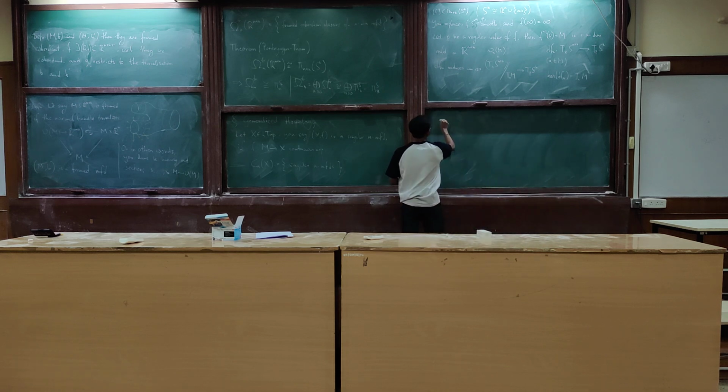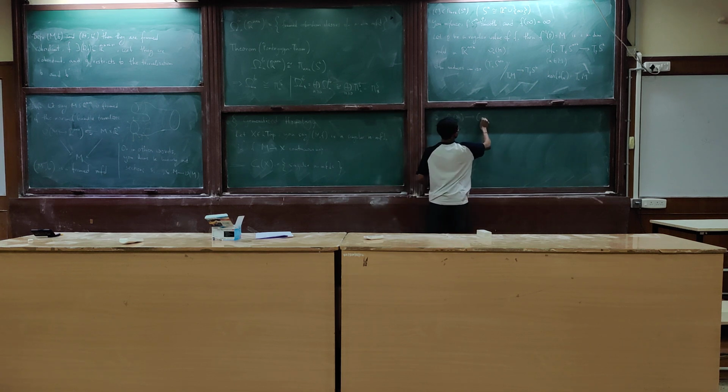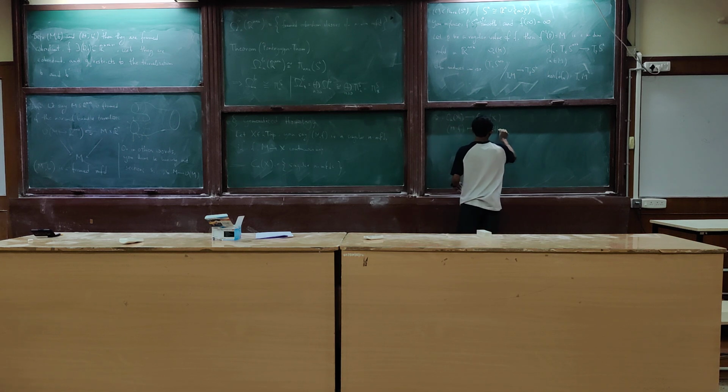So we have got this boundary map from C_n of X to C_{n-1} of X. So you have got (M, f) over there, and you simply map it to the boundary of M and f restricted to the boundary of M.